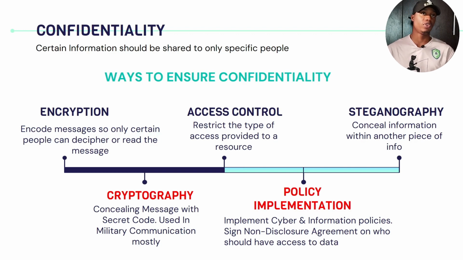So if you send it via DHL or via Jumia ride or whatever rider, if the person does not have the key to unlock it, so you put the information inside a box, you give the rider to bring it to me. The rider cannot access that information because it's encrypted, it's locked. No matter what the rider does, it cannot access that information.